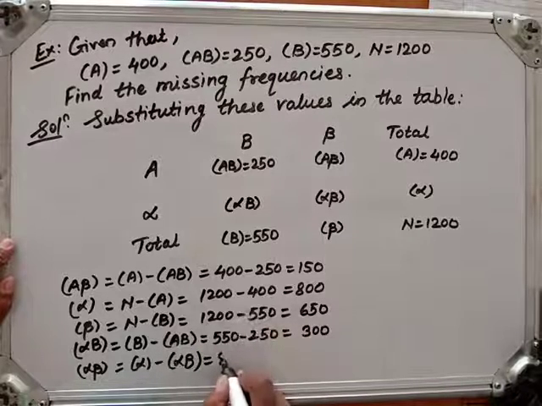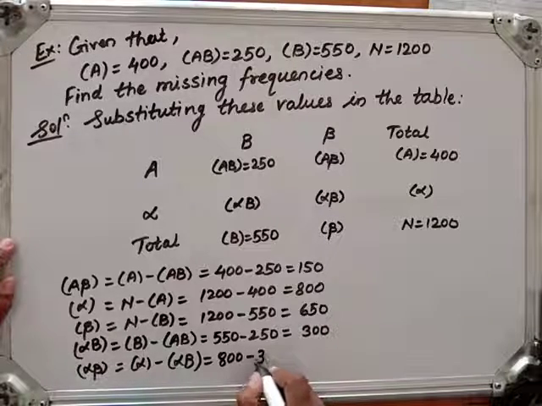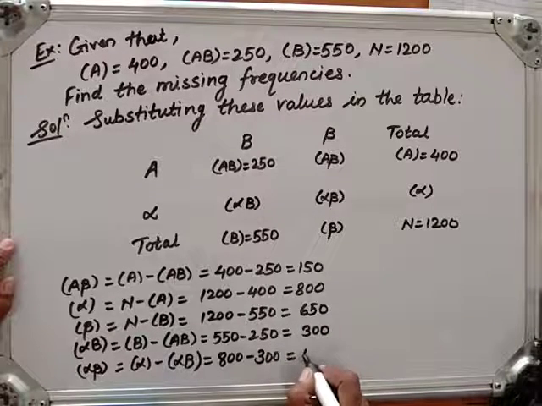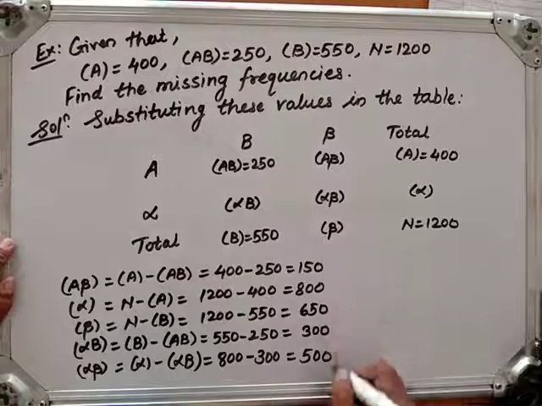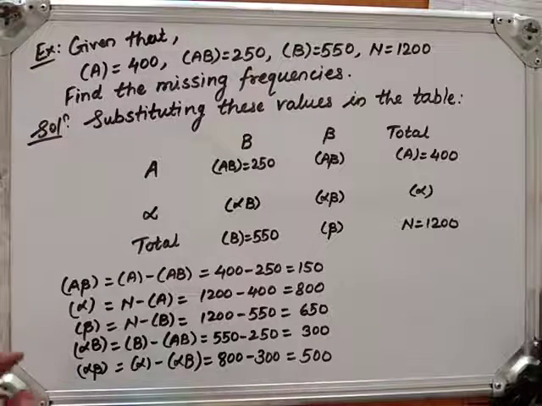We had found 800, and minus alpha B we have found, it will be 300. So this is how much? 500. As such, these are all missing frequencies we have found. Fine. Now this is all about the order and the class frequencies.